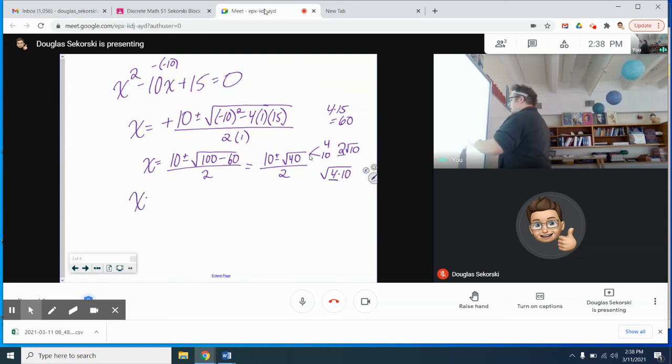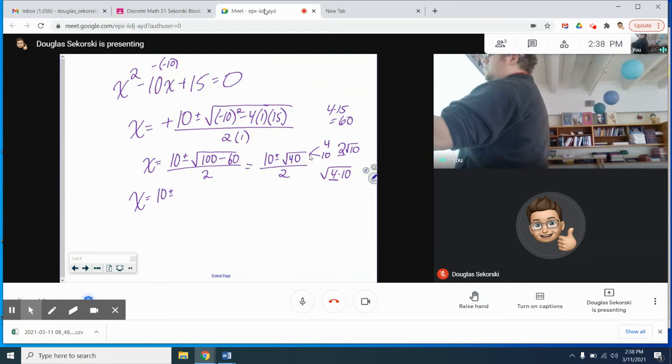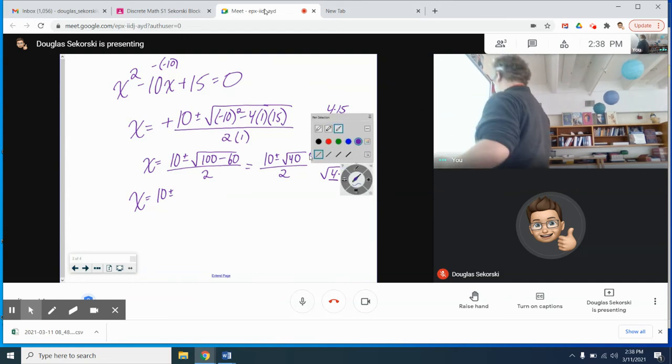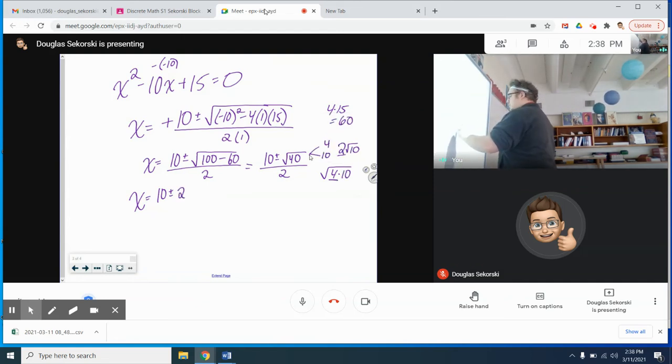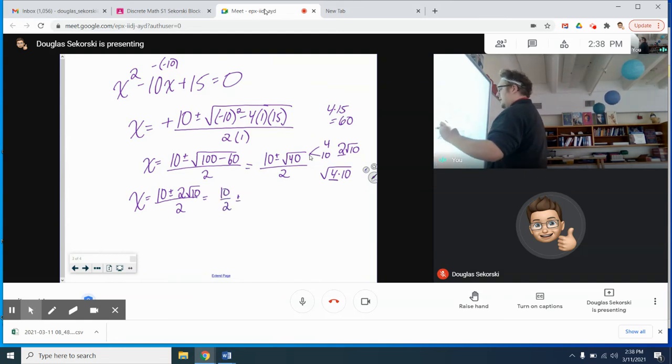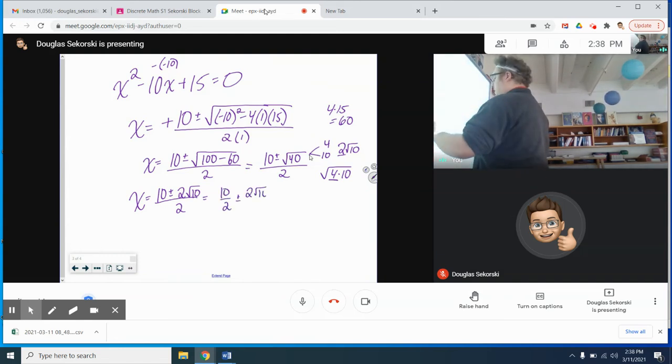We simplified that square root, so we're going to do 2 square roots of 10 divided by 2. So that's 10 over 2 plus or minus 2 root 10 over 2. And what do you know? 5 plus or minus root 10.